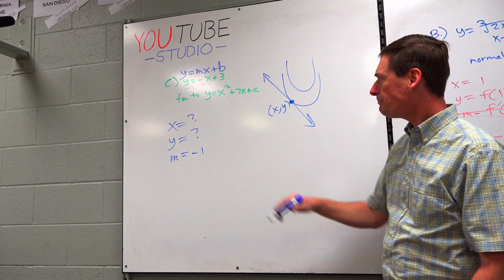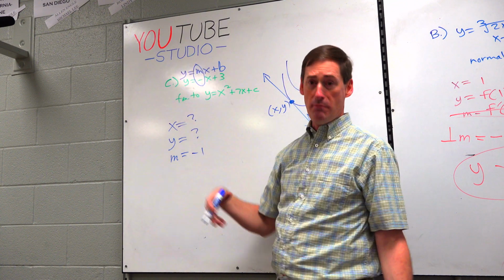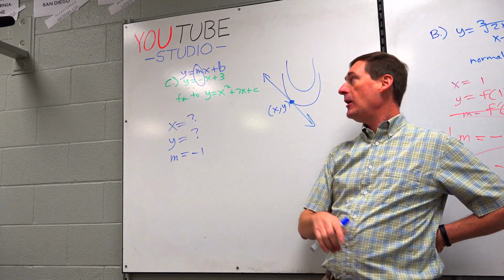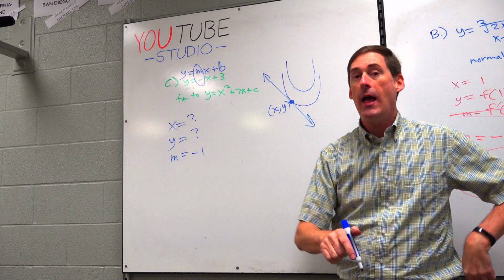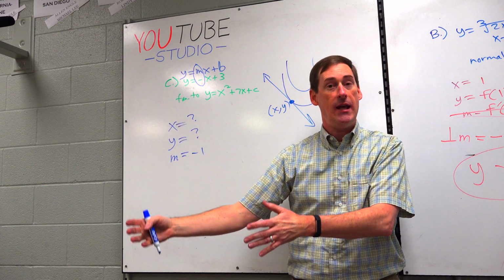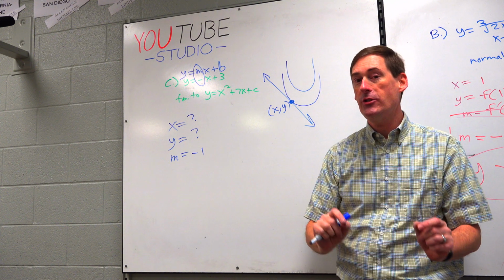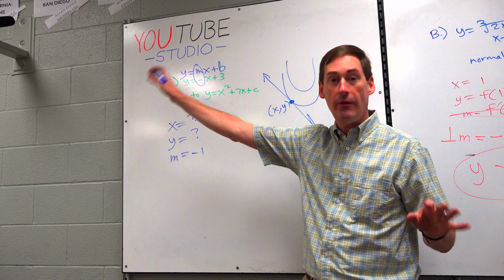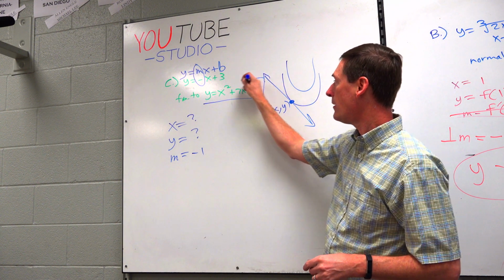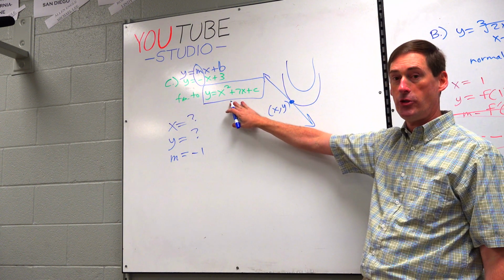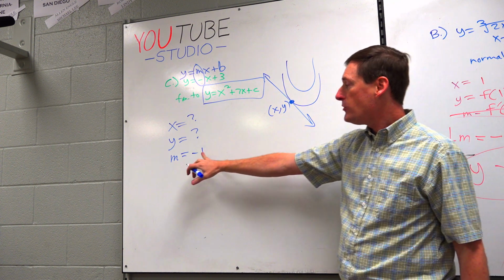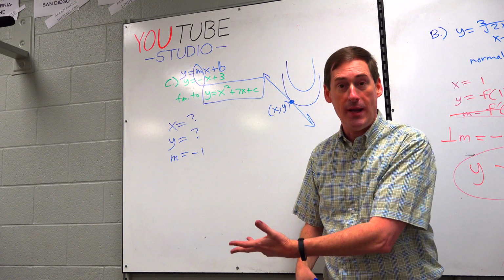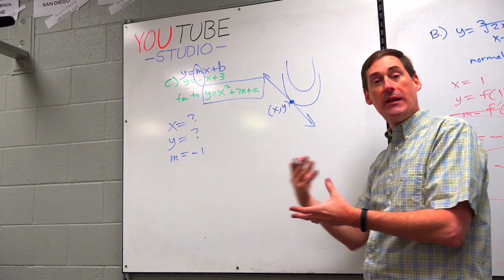Now wait a minute. Okay, that's really from middle school, that you can see the slope sitting in front of the x. But now from calculus, how do we get the tangent slope? Isn't the tangent slope from the derivative of the curve? Not the derivative of the line, but the derivative of the curve. This is the curve it's tangent to, the parabola. So that negative 1, what I did was I actually worked it out with actual numbers, and then I took away the numbers and hid them from you.